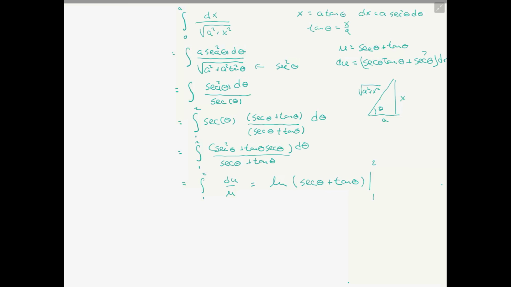So here we've got the natural log of secant. So the secant theta is the square root of a squared plus x squared over a, plus tangent, which is x over a, evaluated between a and 0.